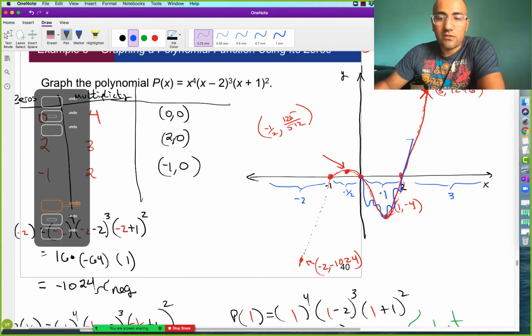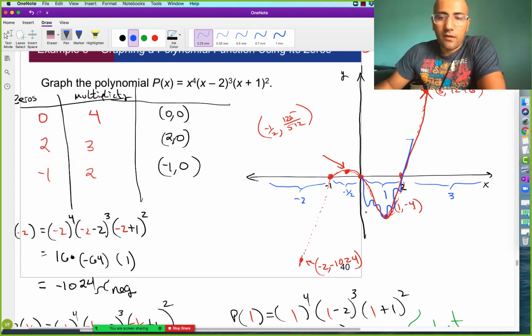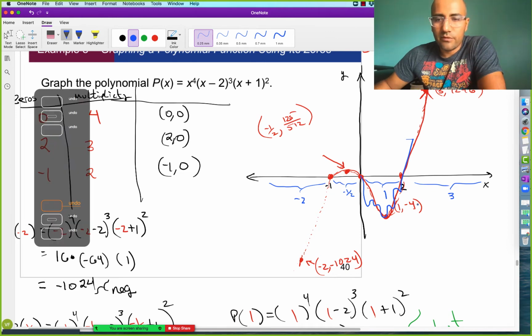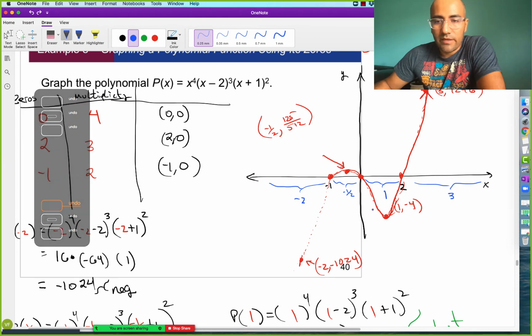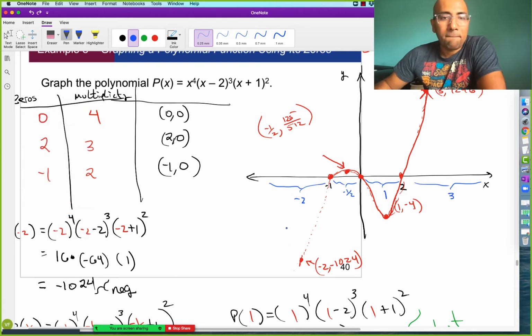So one guess is as good as the other, but I don't know if you've heard of Murphy's Law. Contrary to any evidence, the simplest explanation is usually the correct answer. So that's sort of what happens here. The simplest thing you could do is just have one little bump there and come back this way. And that's usually the answer. Not always, but usually that's what it does. It just comes up, has one little bump, and comes back that way.